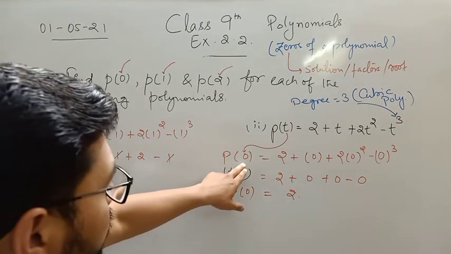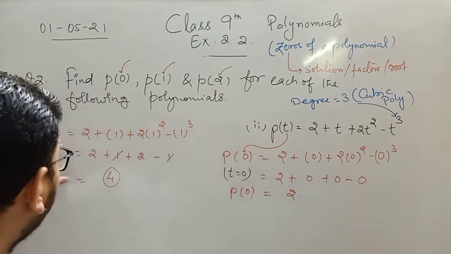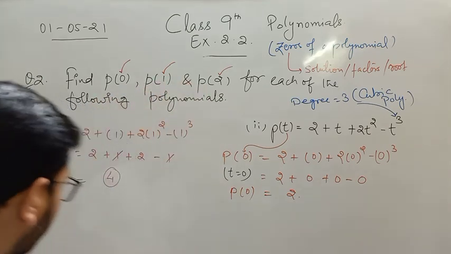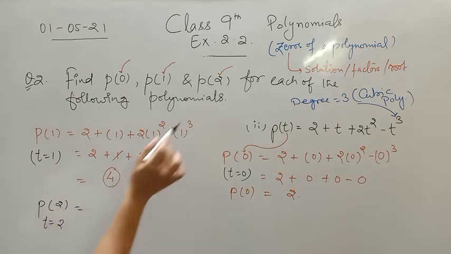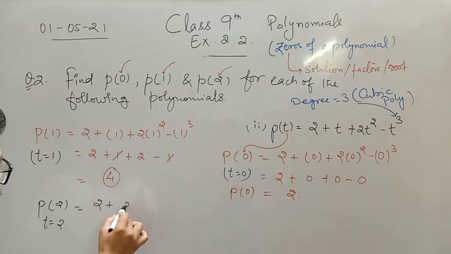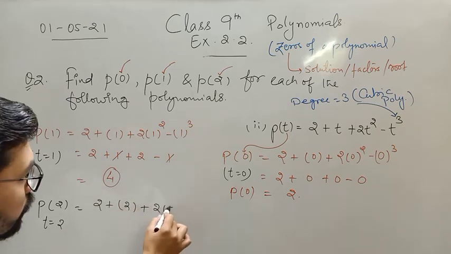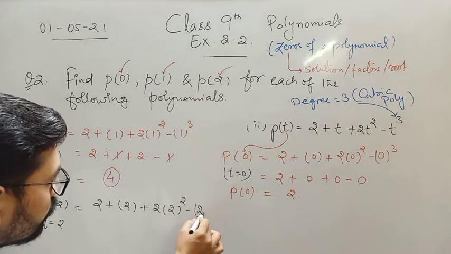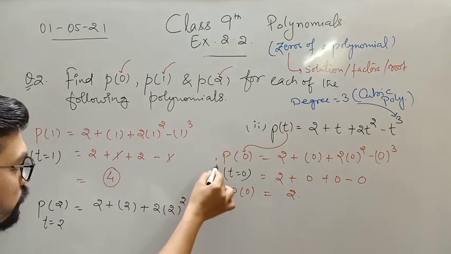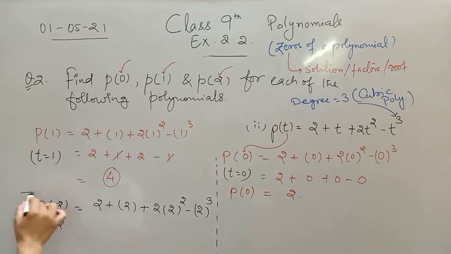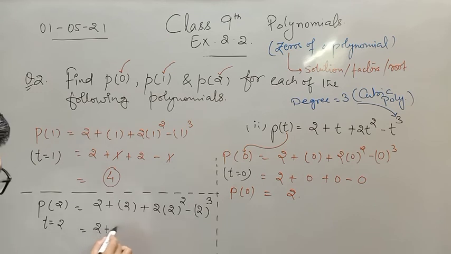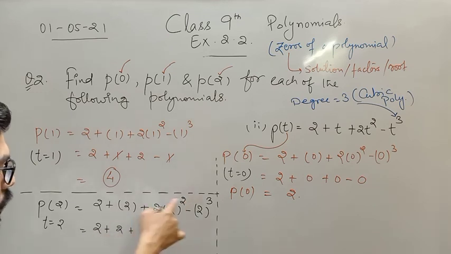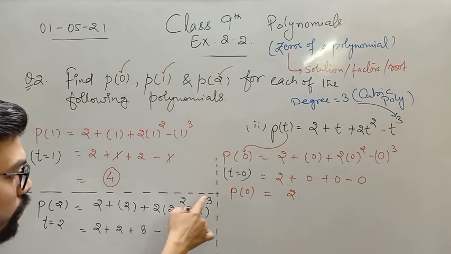So in this way, I found the value of p0, p1. Now the last value is p2. p2 means t is equal to 2. What will I get? 2 plus 2 plus 2 into 2 square minus 2 whole cube. Now 2 plus 2, 2 2s are 4, 4 2s are 8.